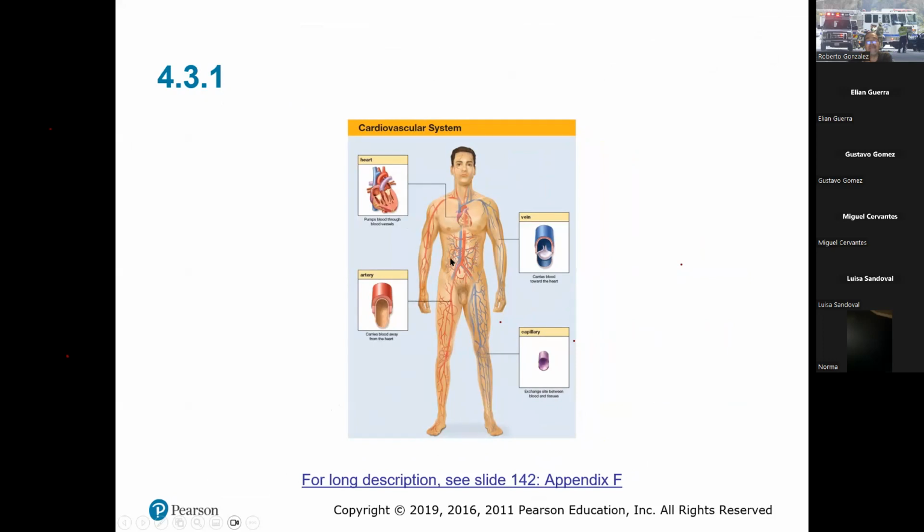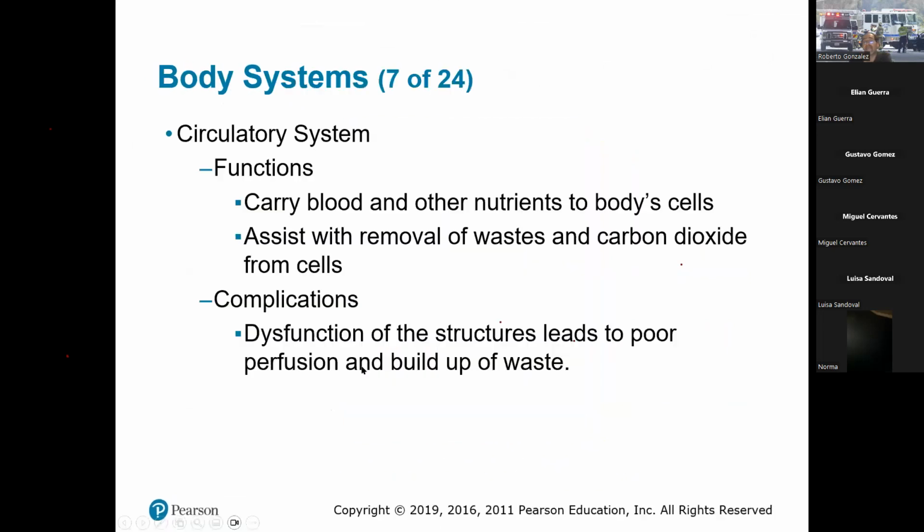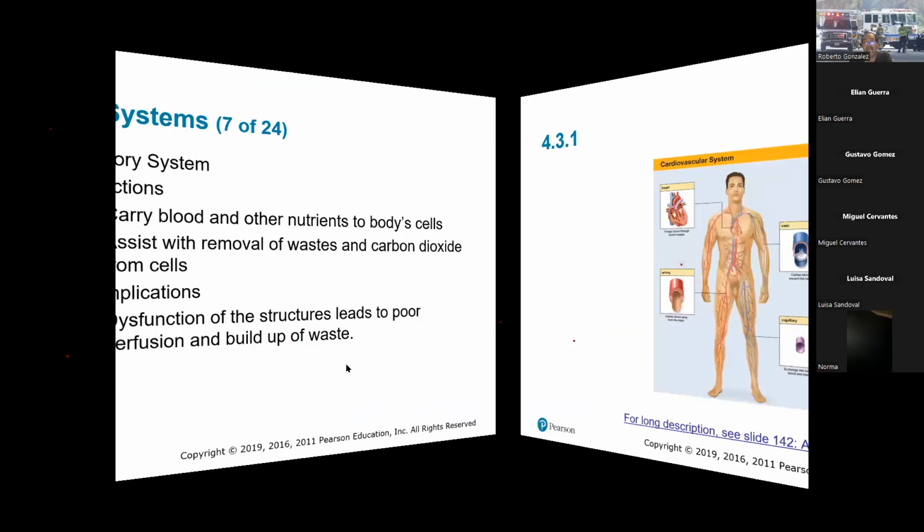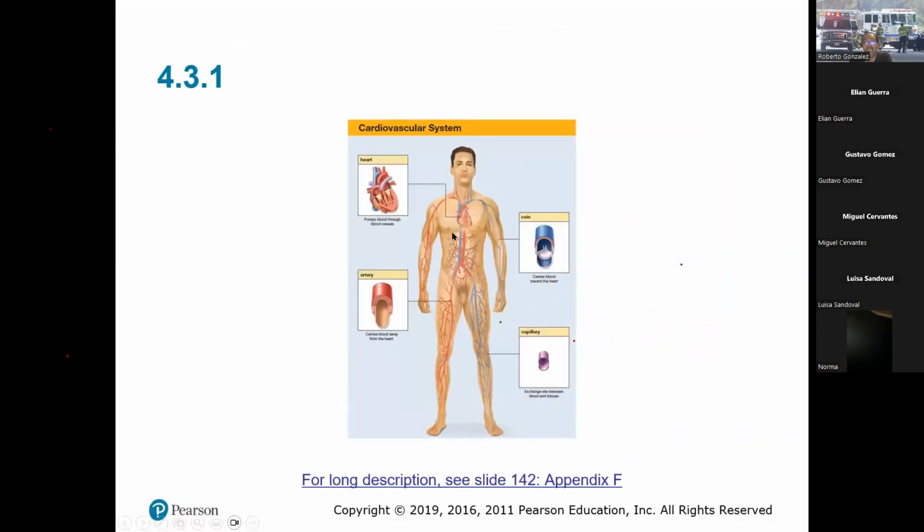Now, this is nothing, because if you actually look at a body with actual blood vessels, this doesn't even give it a correct picture. So remember, you have the heart, which is the pump.